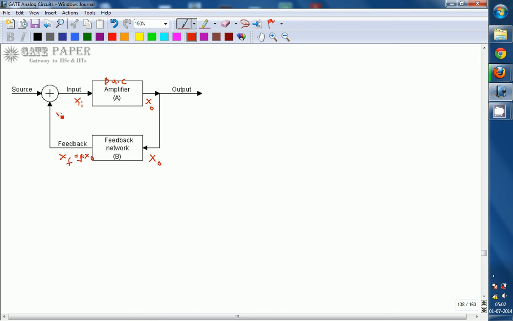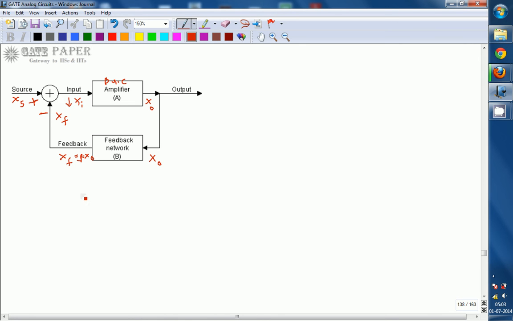The XF signal is mixed with the source signal XS, either in addition form or subtracting form, plus or minus. For negative feedback, the feedback signal is subtracted from the source signal such that the effective input signal Xi gets reduced. This is negative feedback.